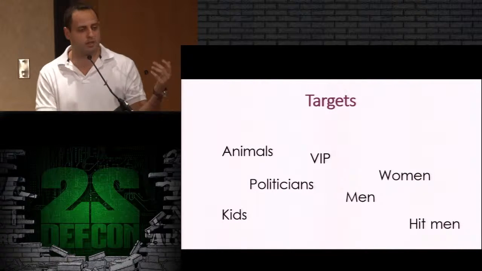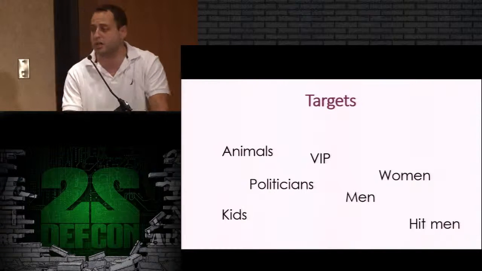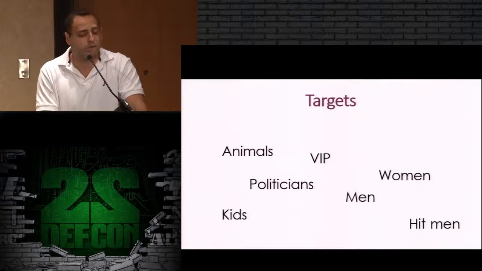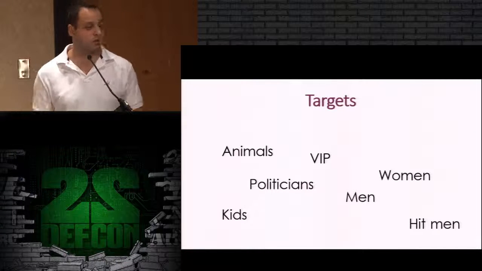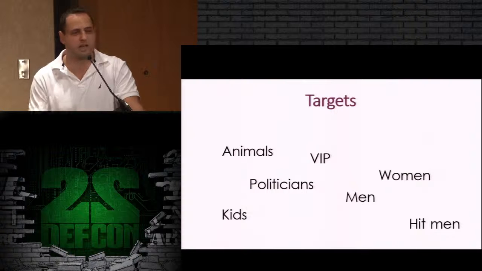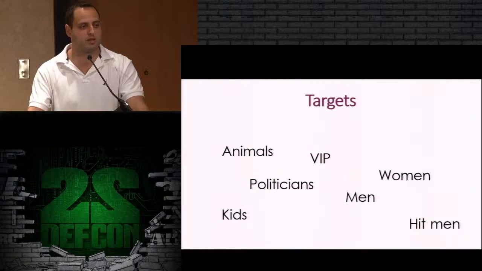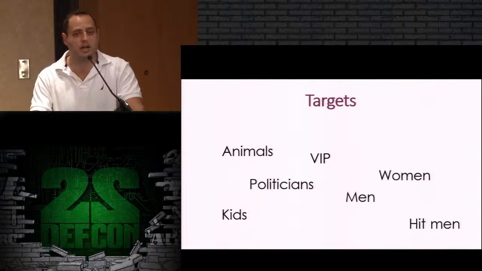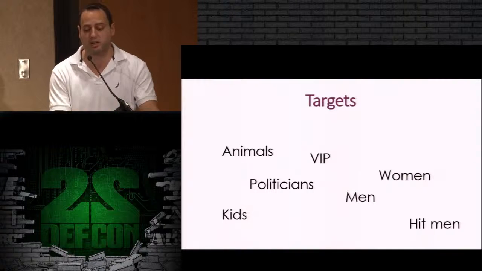Some of them choose to kill animals, some of them choose to kill kids, people, women, politicians, etc. And any killer also chooses what to hack or what to kill, because I saw something pretty nice in the terms and conditions that one killer said that if someone just wants him to kill a politician, that would be fast. Doesn't matter if you want to pay more money, because that's the way he works, that's the way he believes that it should be done.